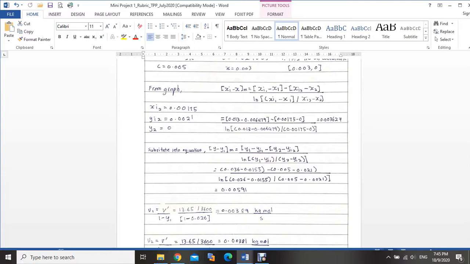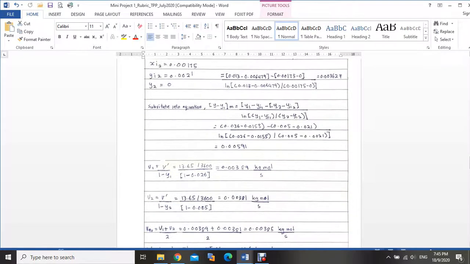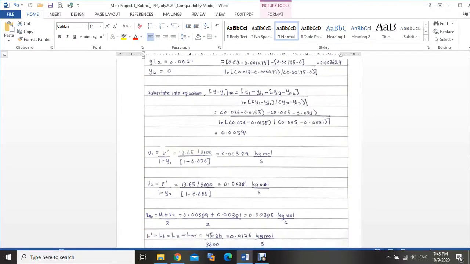To make it easier, we can make Z the subject, so it's easier for us to do the unit cancellation. VAV is the average V, which is V1 plus V2 divided by 2, and make sure the units for volumetric flow rate and mass transfer coefficient are standardized. Based on this equation, the unit for the mass transfer coefficient is in hours and the volumetric flow rate of V1 and V2 is in seconds.